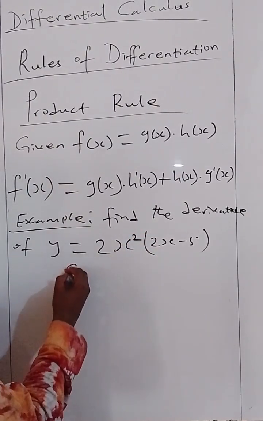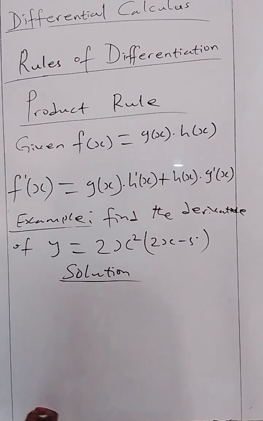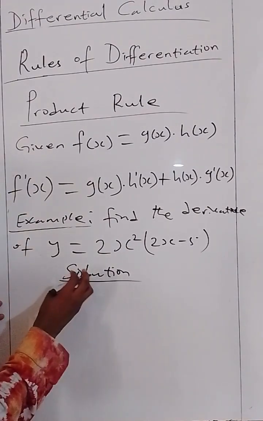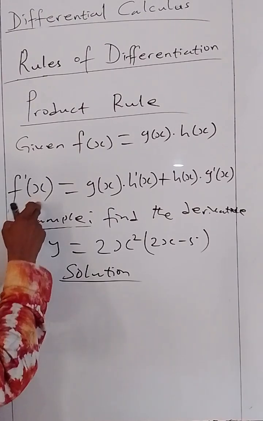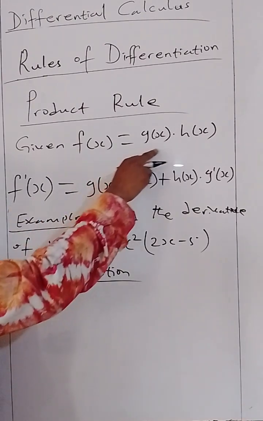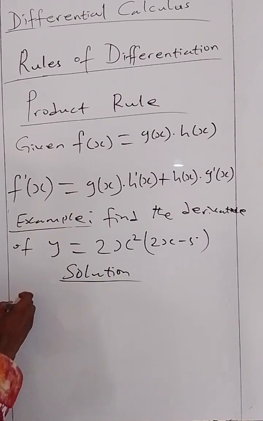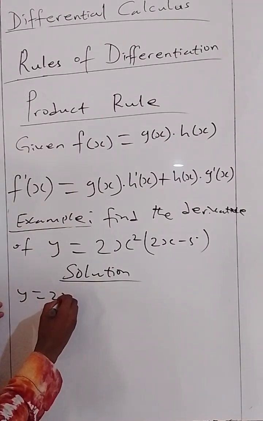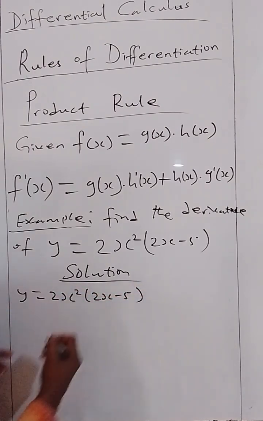To find the derivative, here is the solution. Don't forget the product rule that says this, but this same rule can be rewritten as this. So remember we have y equals 2x squared, then we have 2x minus 5.